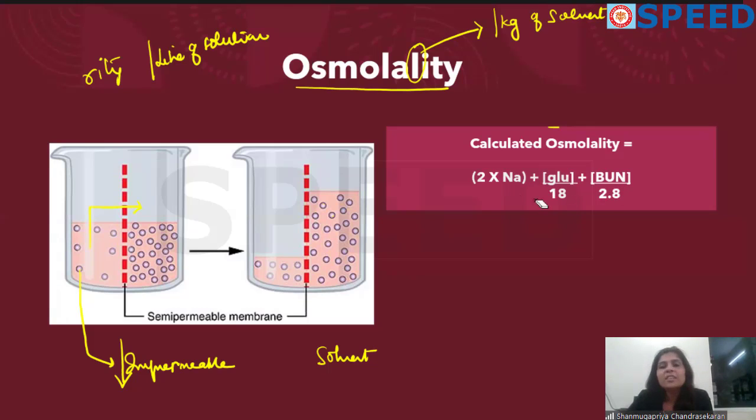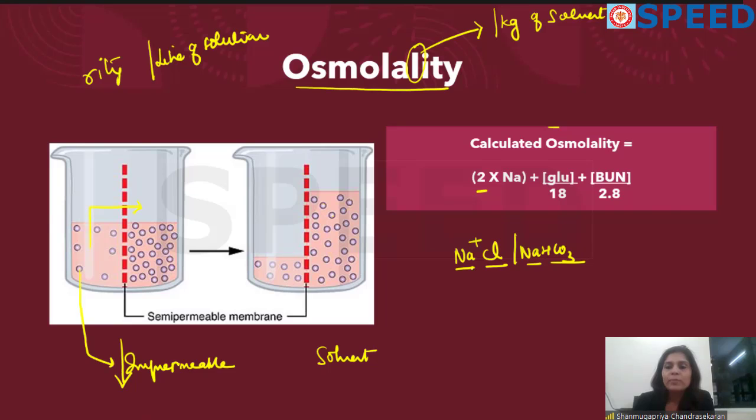If you ask me why I have to use this formula: sodium is an osmotically active solute present in the circulation, agreed. But why do you multiply it by 2? We multiply it by 2 because sodium would not have been there as just Na plus. It would be sodium chloride, sodium bicarbonate, which would have dissociated into Na plus and corresponding anions.